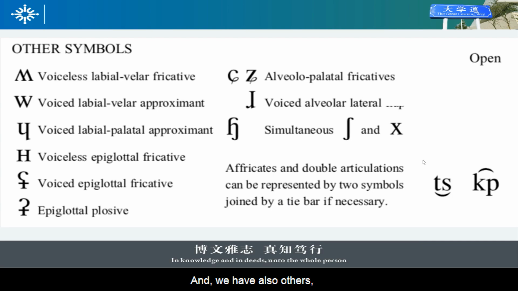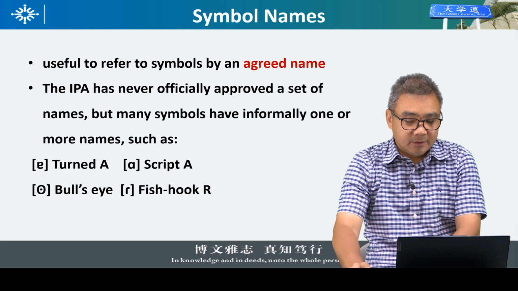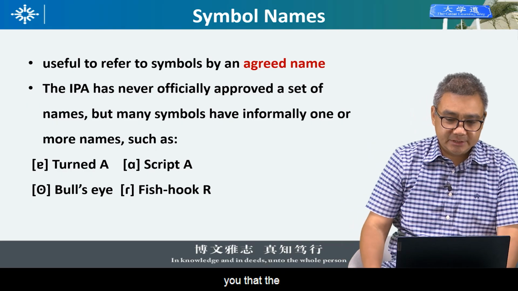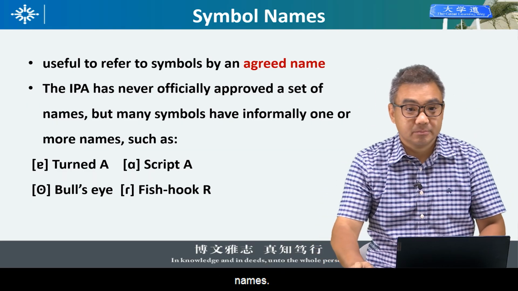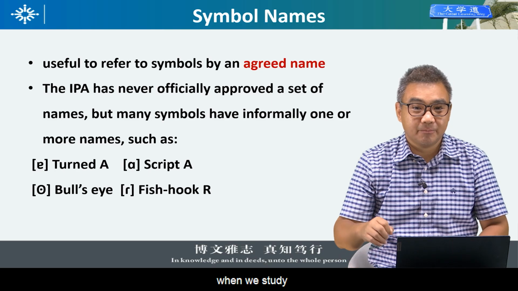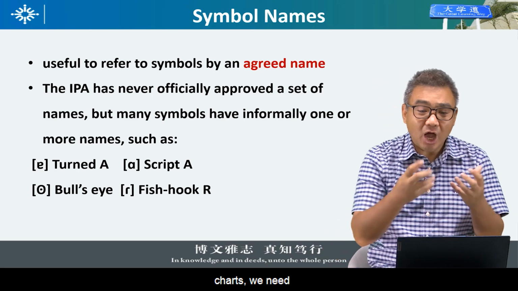And we have also other signs. Finally, I will tell you that the symbols have informal names, because when we study these different symbols in the IPA charts, we need to talk about them.